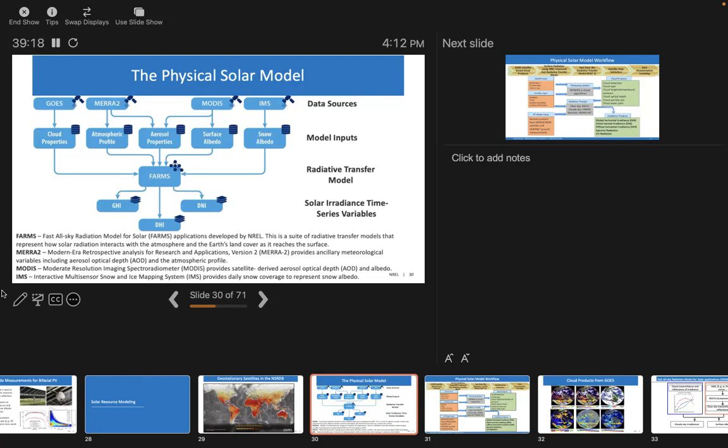Essentially, it takes observations, it takes models, and produces a consistent, persistent time series of data, let's say at 30-kilometer spatial and hourly temporal resolution. This is a very good dataset because it combines observations and models, and you can get 30 years of data.